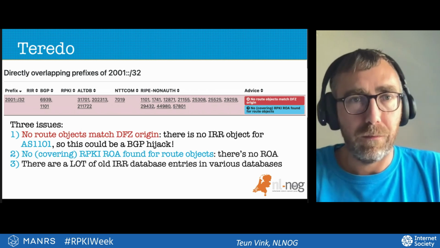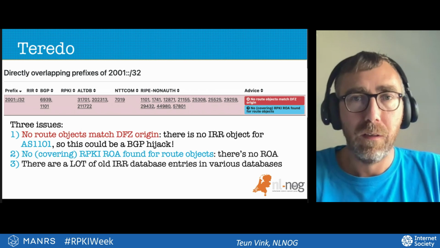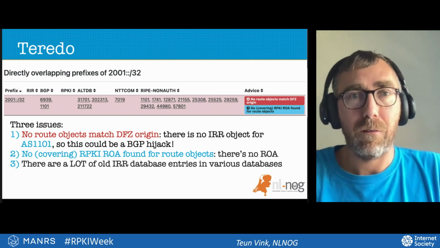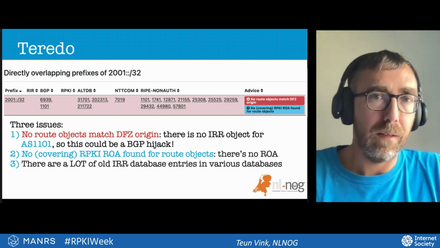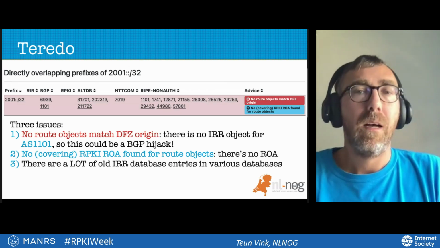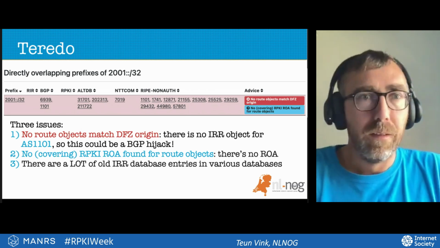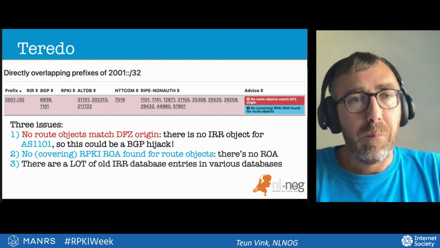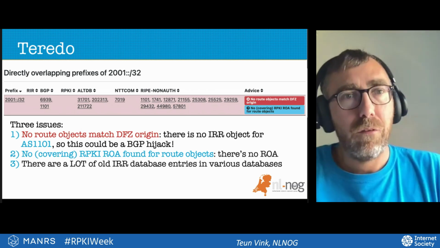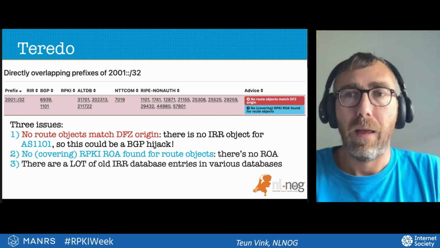You see a number of things here. For example, you see that there are a lot of route objects in various route databases like AltDB, NTT.com, and the route non-authoritative database. It's like 15 altogether or something. Even though the BGP column shows us that only 2 networks are actively advertising this prefix.